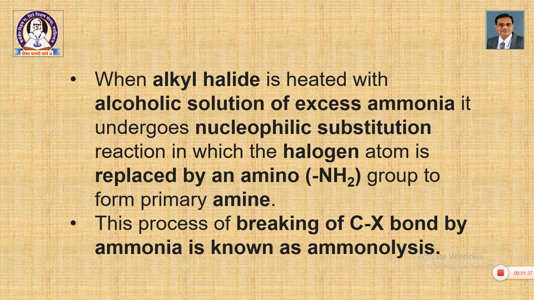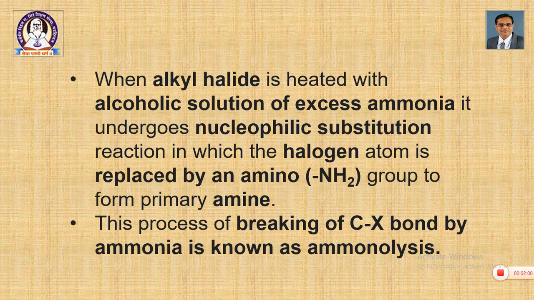So the starting material is alkyl halide, the solvent system is alcohol, and the second component of the reaction is ammonia, which is to be used in excess. The reaction is nucleophilic substitution, in which the halogen atom is substituted by the NH2 group.